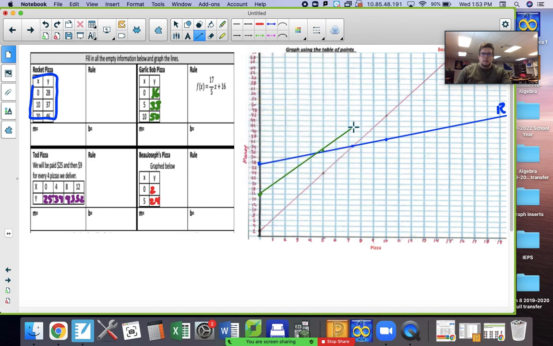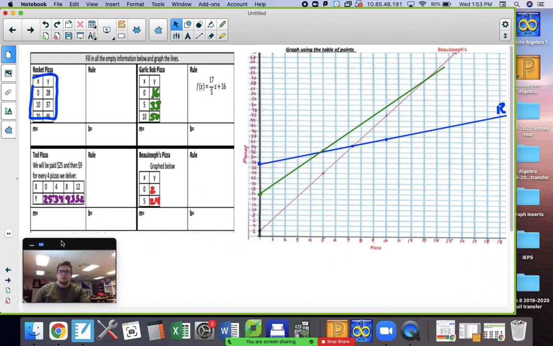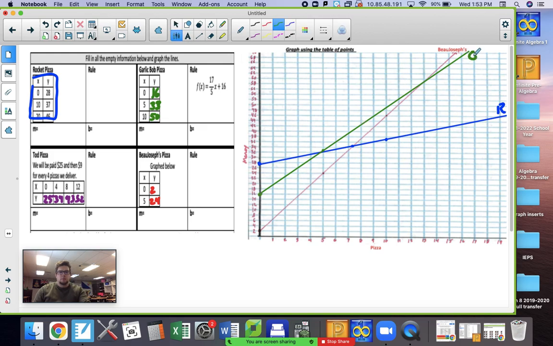Garlic Bob, it's right there. I'm going to move myself now. Drop myself down over here. Go back, finish drawing my line because it should go all the way from one edge of the graph to the other edge of the graph. Let's label it. That's Garlic Bob. Label with a G.